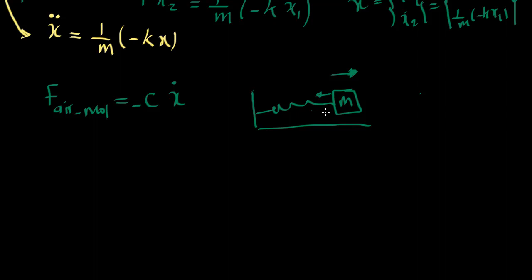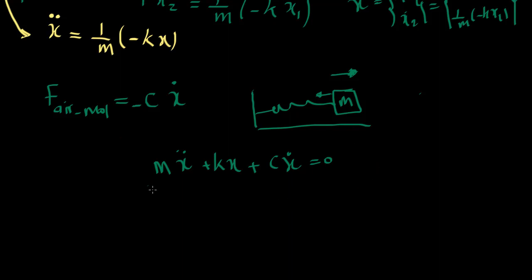So if we consider, aside from the force of the spring, if we add this term also, if we consider this force on the free body diagram and add this term into the equation, we come up with something like this: m x double dot plus k x plus c x dot equal to 0. So this was minus c x dot on the other side. That was the force that the air molecules were exerting on the mass.